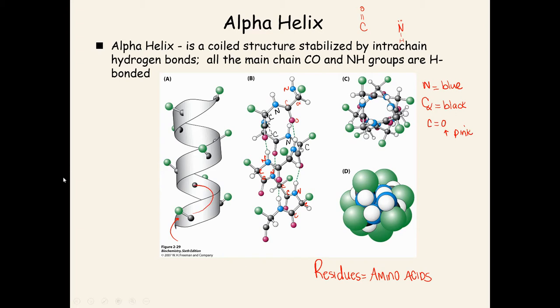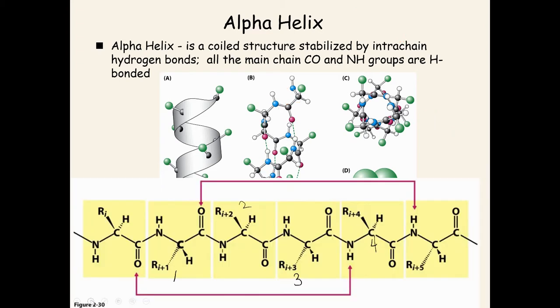Okay. All right. So let's take a look at some other pictures. In this case, this is trying to get you to think about how it's curving. So here we have N, C, C double bond O, N, C, C double bond O. So here's our R group 1, R group 2, R group 3, R group 4, and then it curves now.